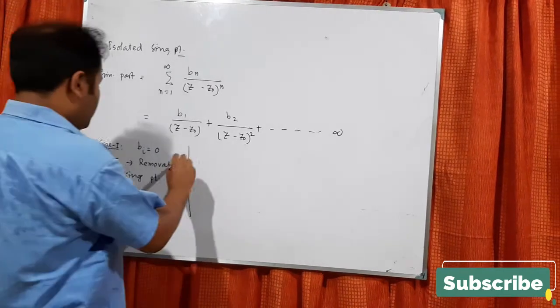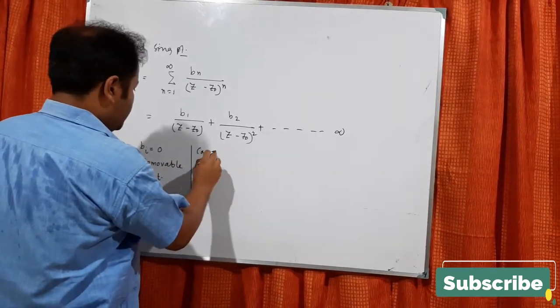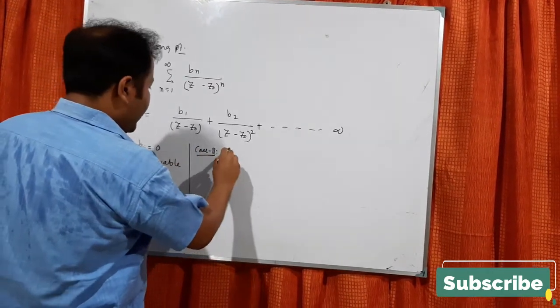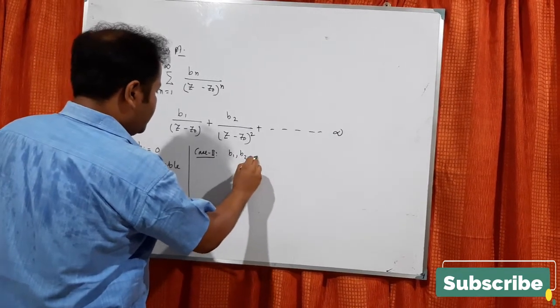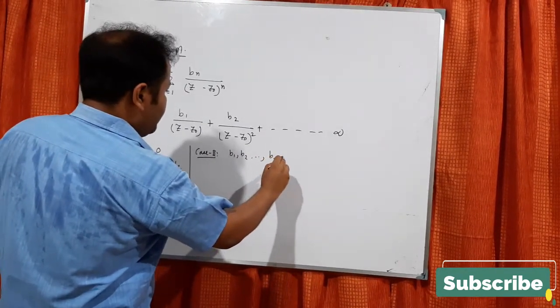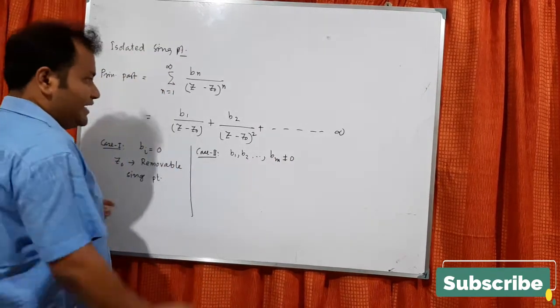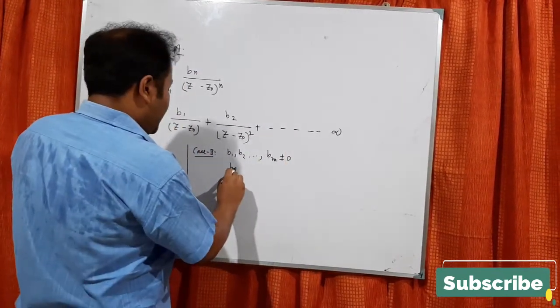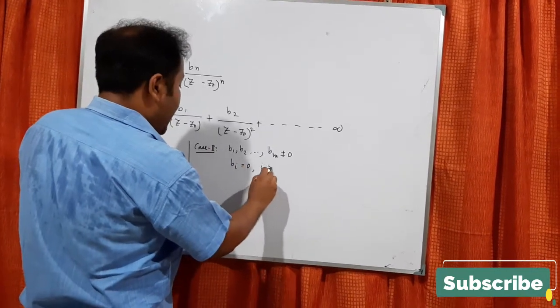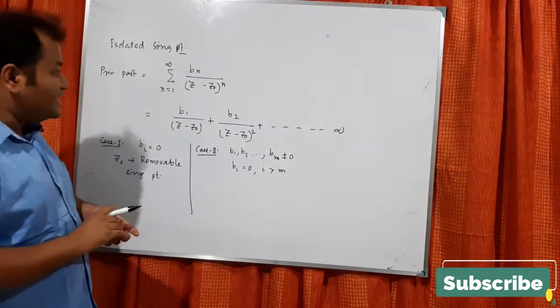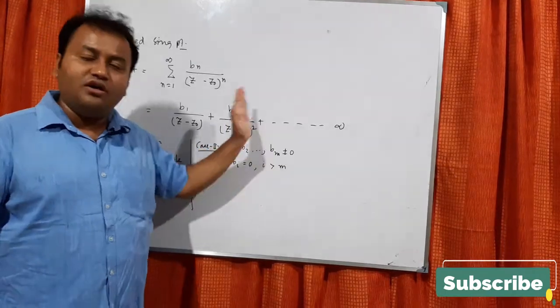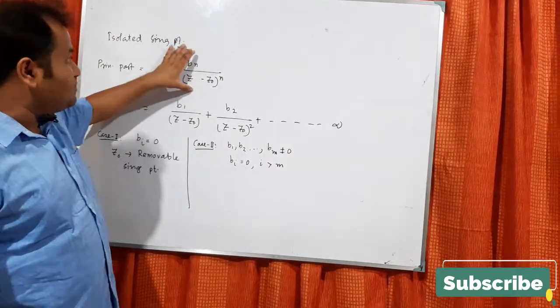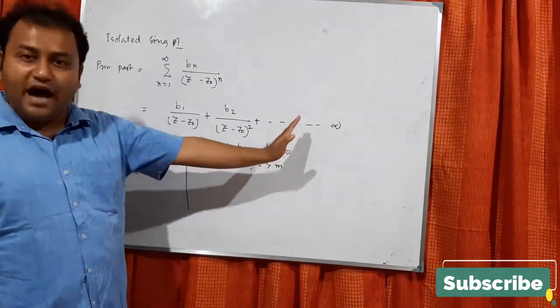Case number 2, when b1, b2, up to bm are non-zero, that is, the first few terms are non-zero, then all others are 0. So b_i equals 0 when i is greater than m. That is, say the first 3 terms are non-zero, then all are 0. So this part will have a finite number of terms.